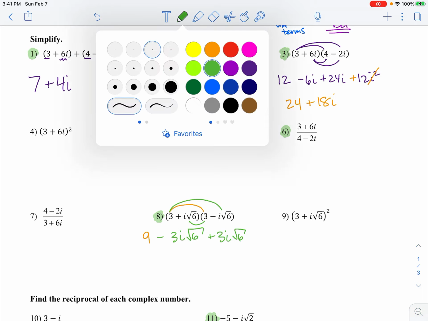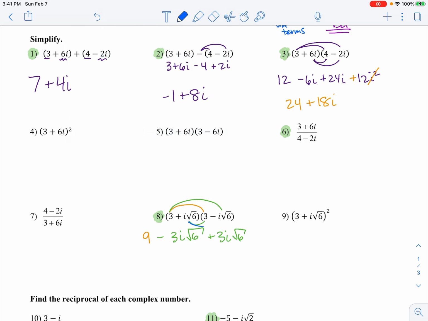Oh, big surprise. Those undo each other. And then I'm going to write out what I have here. I have minus, because it's plus times minus. i times i on the outside will be i squared. Root 6 times root 6 is going to be 6. Now, let's see what happens. Well, first of all, my plus 3i root 6 and my minus cancel each other out.